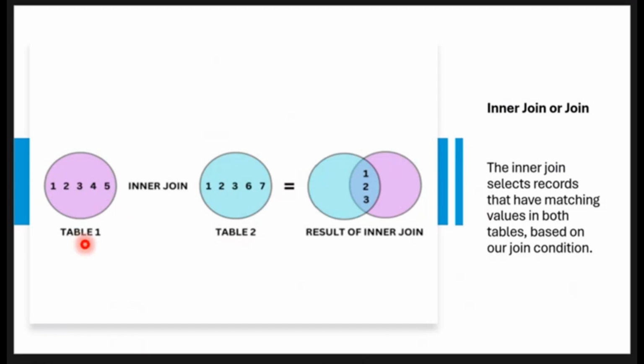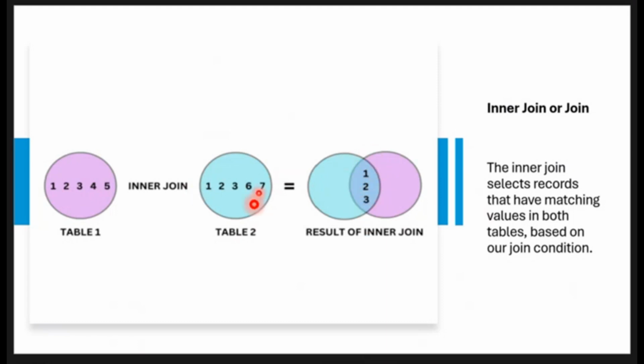For example, if table 1 has values like 1, 2, 3, 4, 5, and table 2 has values like 1, 2, 3, 6, and 7, it will only pick up the common values.